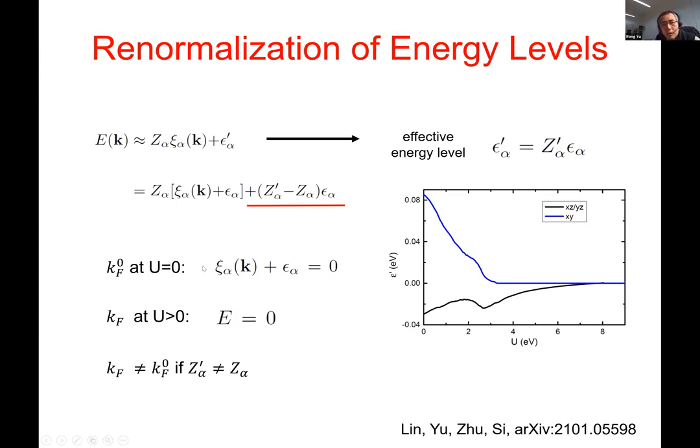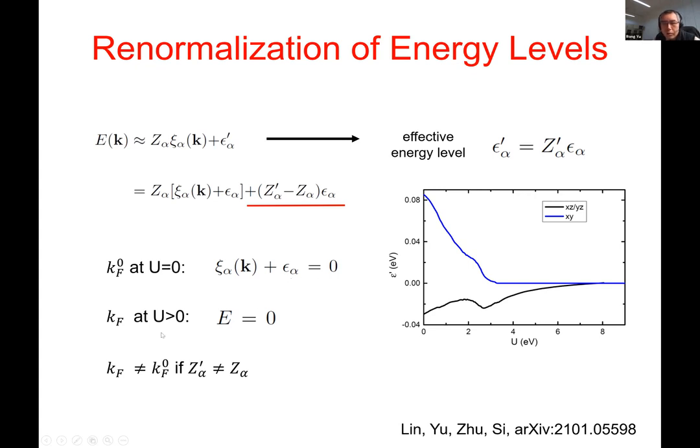And then this will lead to the reconstruction of the Fermi surface in the presence of finite electron correlations. So we first determine the Kf at U equal to 0. This is determined by this equation: the C alpha plus this epsilon alpha equal to 0.